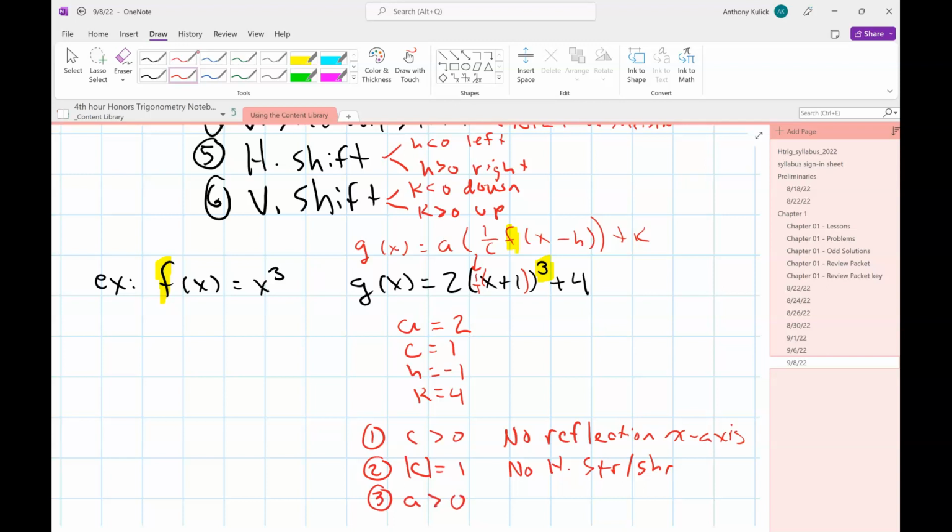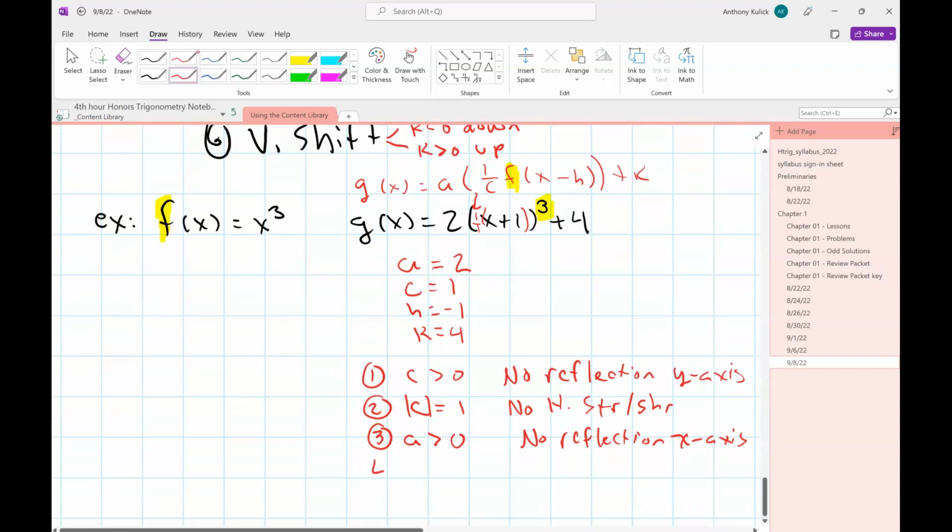Since the A value is greater than 1, we have no reflection on the, oh my goodness, that's a y-axis there, Mr. Kulik. This is the x-axis one. Yay. I caught it before you guys did, though.